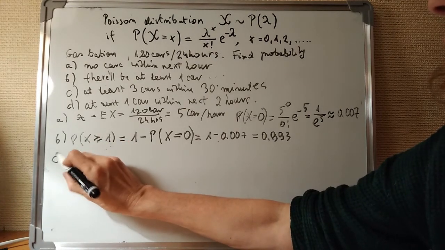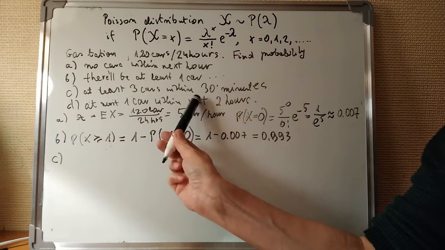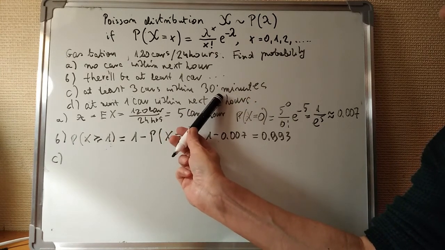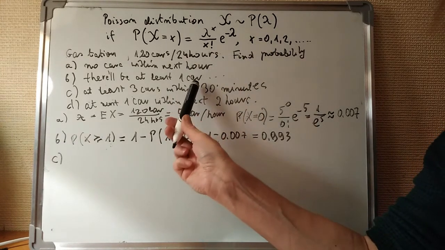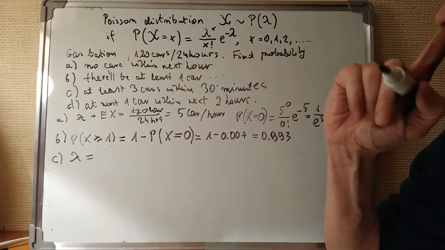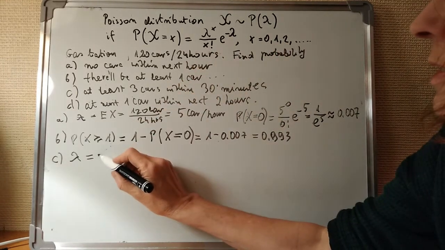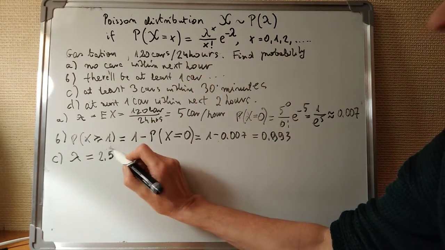Okay, C. Now let's observe, the situation has changed because we have only 30 minutes, so we don't expect 5 cars. How much do we expect? We have to find a new lambda. Now lambda is half of the 5, so we have 2.5.